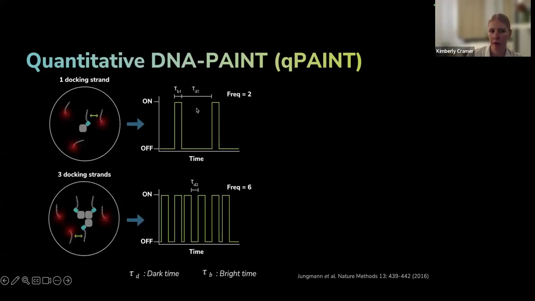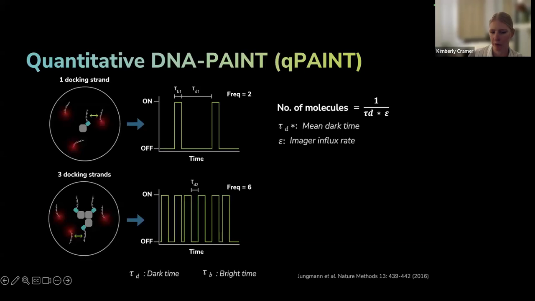However, when it's unbound, you get this dark time here. And these parameters can then be used later in the final calculation for QPaint. So here you have a frequency of 2. However, when we have 3 docking strands, we have now 3 times the frequency of binding, so we have 6 binding events within the same amount of time.